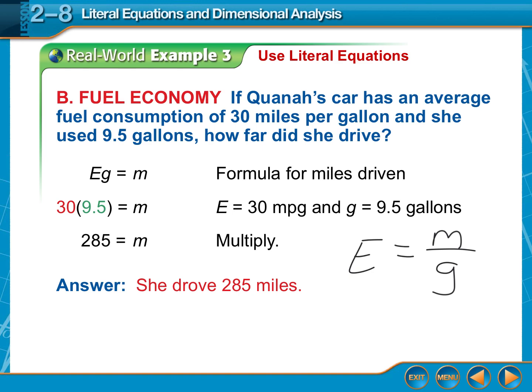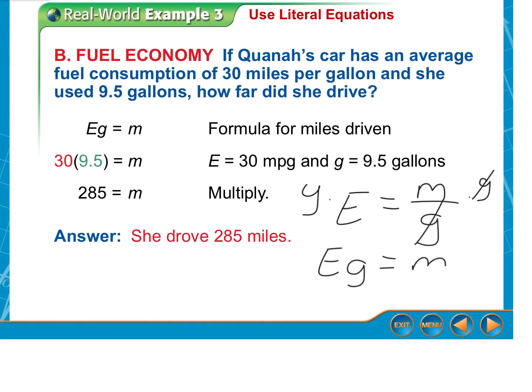Even though we're really getting g by itself, still do this step, okay? So I multiply by g on both sides. Everyone with me? And then I have eg equals m. Can I still get g by itself? Yes. How would I get g by itself now? Divide by e.